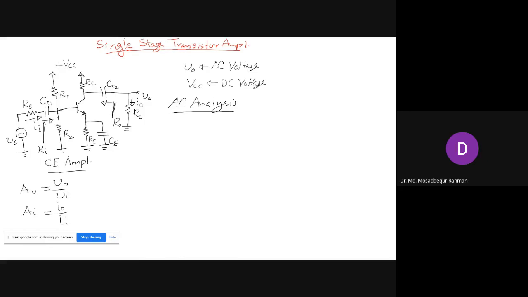If you remove these capacitors and make them open, you'll be left with just this part of the amplifier, the biasing circuit, which we discussed in the last class. Today we'll show how to analyze this amplifier for the AC quantities. And for AC quantities, the capacitors are short circuit.